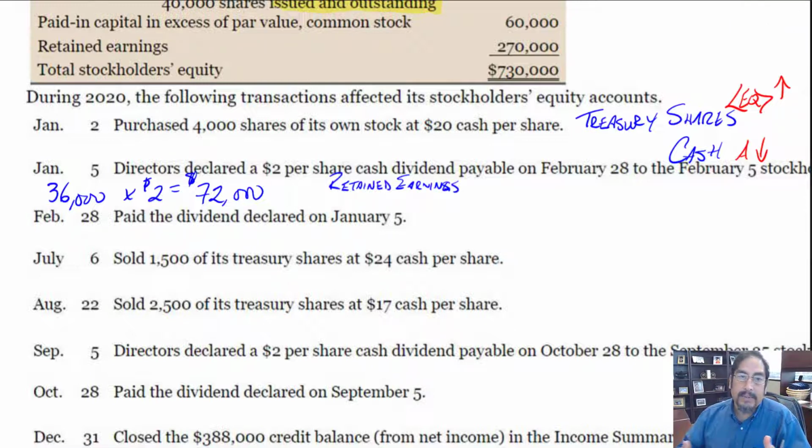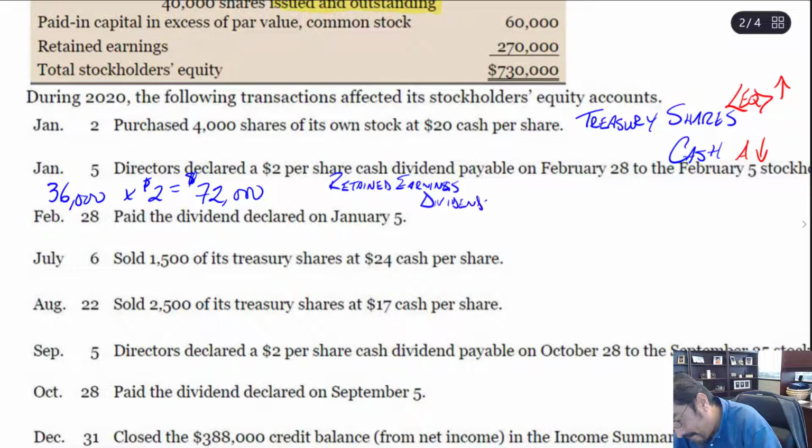It's just the textbook is having us do it this way. The proper account to debit would be dividends. But we're going to debit retained earnings, and credit the payable account called dividends payable, or common dividends payable, both for $72,000.